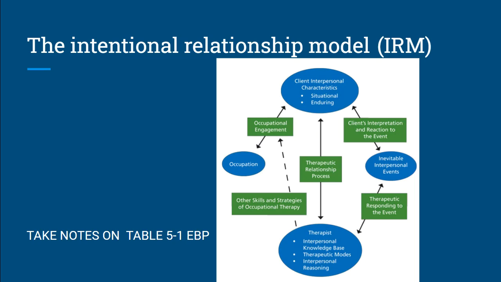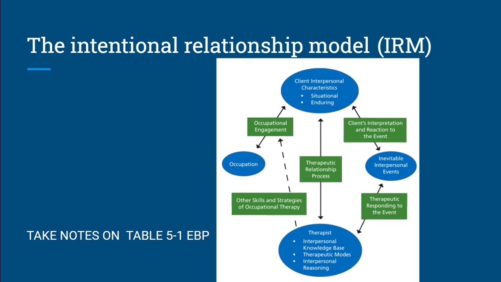Okay, so back to this picture, the intentional relationship model. You see there's the child or the client, which could also be their family, in the top oval, and then you as the therapist in the bottom oval. In between the two of you is the therapeutic relationship process, but that can get through some inevitable interpersonal events on the right-hand side, which we're going to talk about.